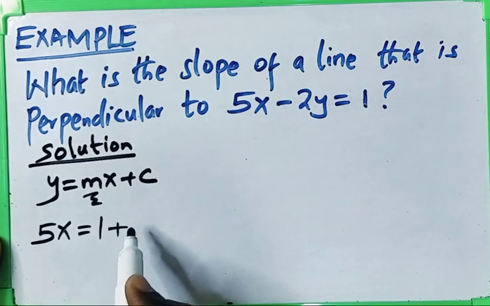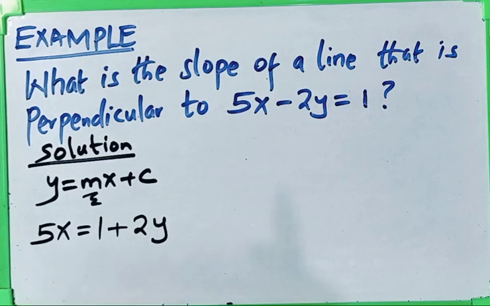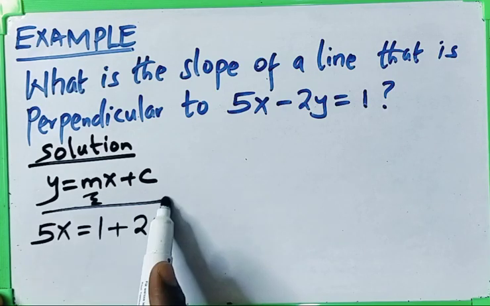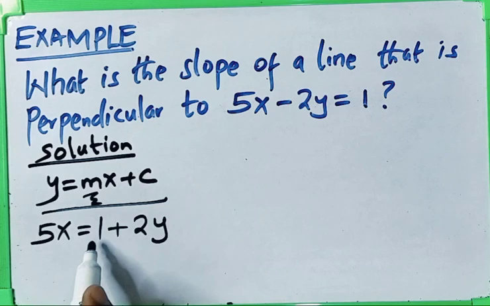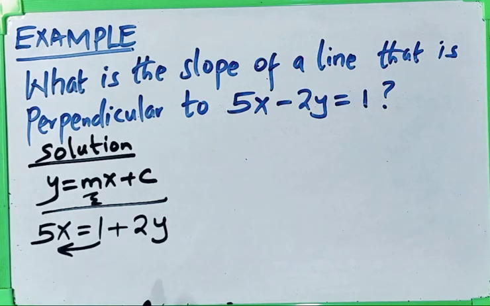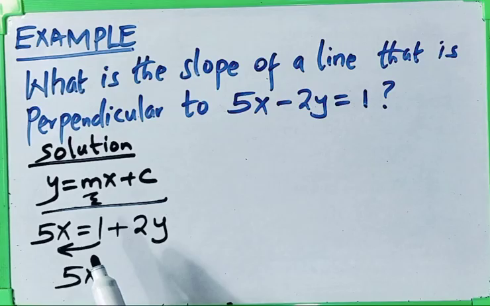So we have 1 plus 2y. We continue arranging until we attain this form. We remain with 2y on this side and take 1 to the other side where there is x. We shall have 5x, and 1 is positive on the right hand side. When it gets to the left hand side, it becomes negative, minus 1, equals 2y.